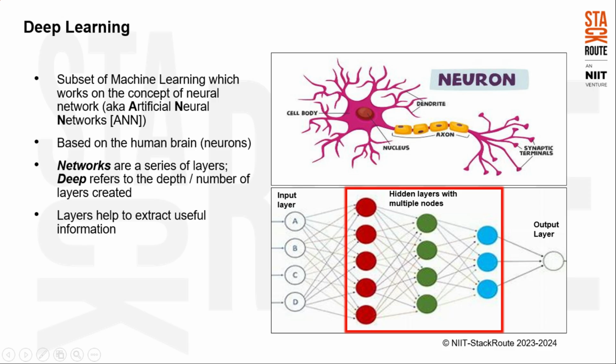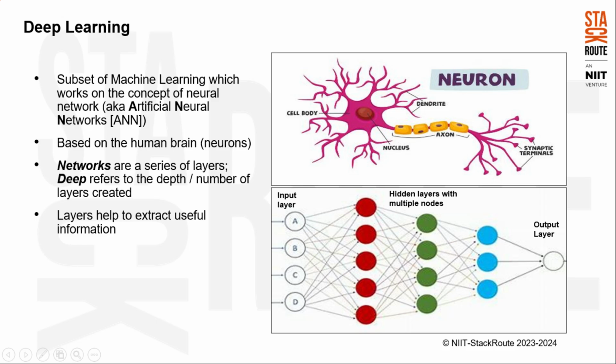Think of a node as taking the input from its previous layer, extracting the best information out of it, and then sending it to the next layer. So that's the functionality of these nodes. Get the best information and pass it on, and then the next node will take the best information from its previous node and pass it on, and then it goes to the final output layer to make a prediction. So that's the concept of deep learning.